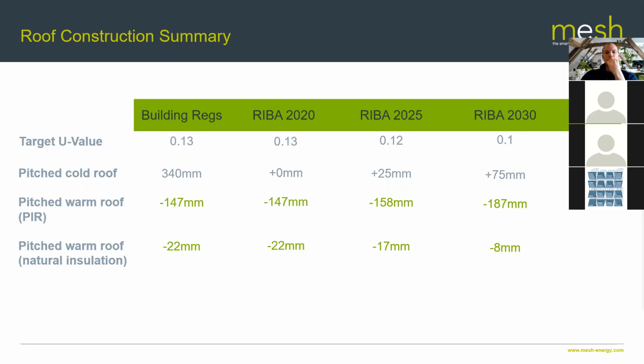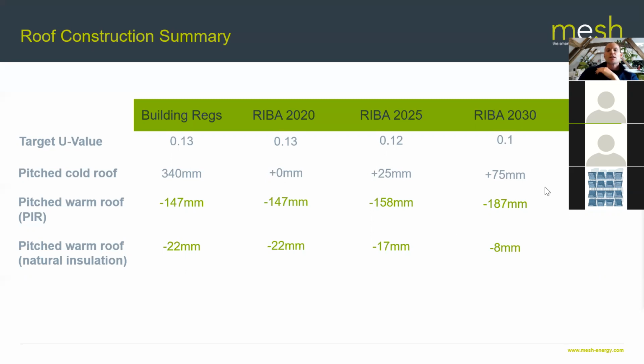If you have PIR in there, proportionally, again, you've got a massive saving over the cold one of about 190 millimeters, and you're there or thereabouts. As you use natural insulation compared to your pitch cold roof, you're going to have to put a hell of a lot of natural insulation in to keep that roof warm down to that level.